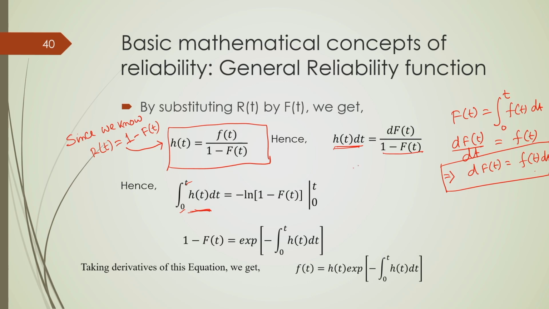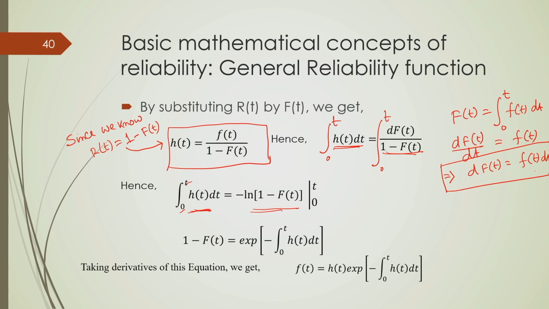And the right hand side will be the logarithm of 1 minus F(t) over the interval 0 to t, because we are integrating with respect to dF(t) with limits 0 to t on both sides. So, the right side will be equal to minus ln of 1 minus F(t) evaluated from 0 to t.